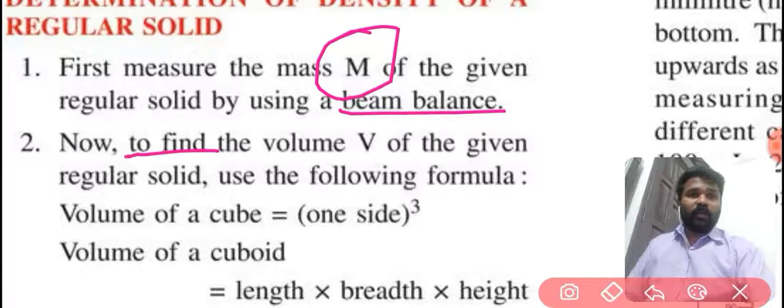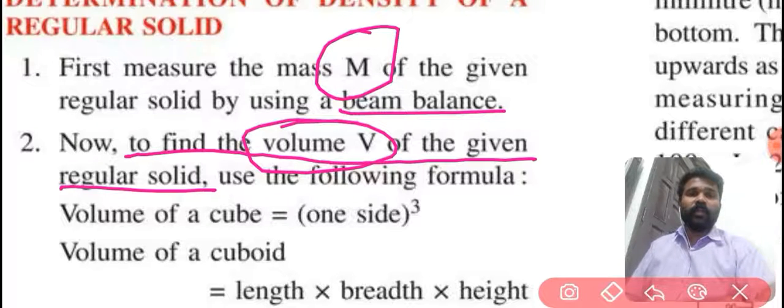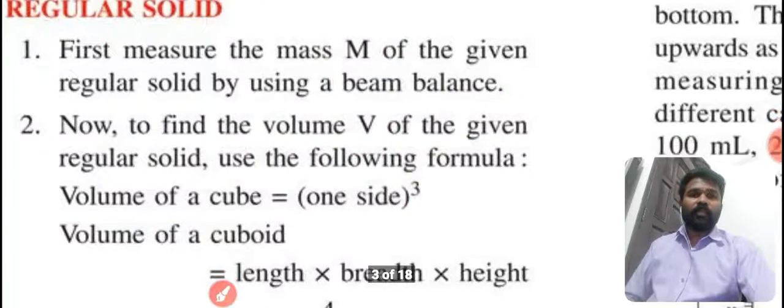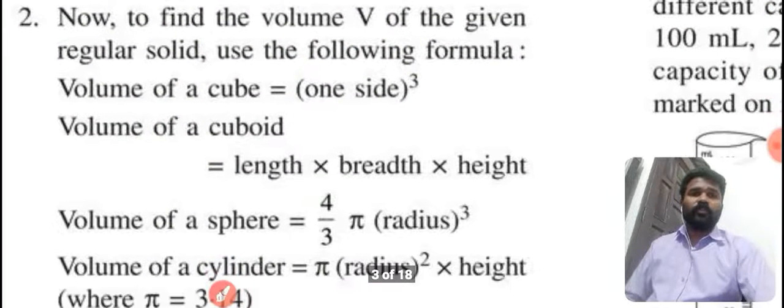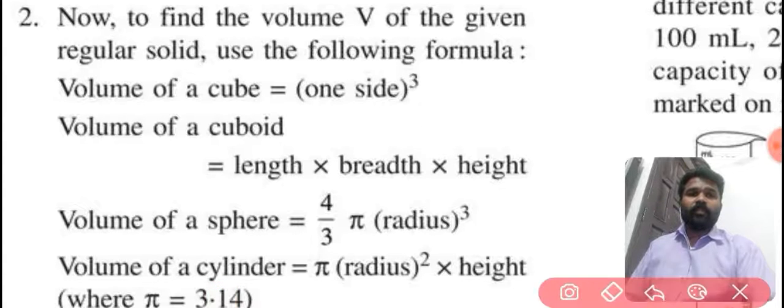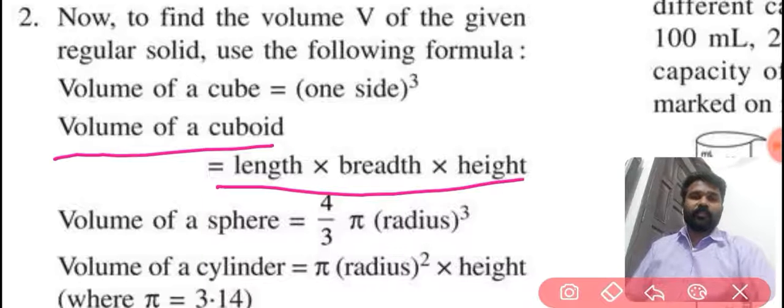Now find the volume V of the given regular solid. Find out the V of the given solid using the formula: volume of a cube is equal to side cube. Or if it is a cuboid, use the formula volume of a cuboid is equal to length into breadth into height.